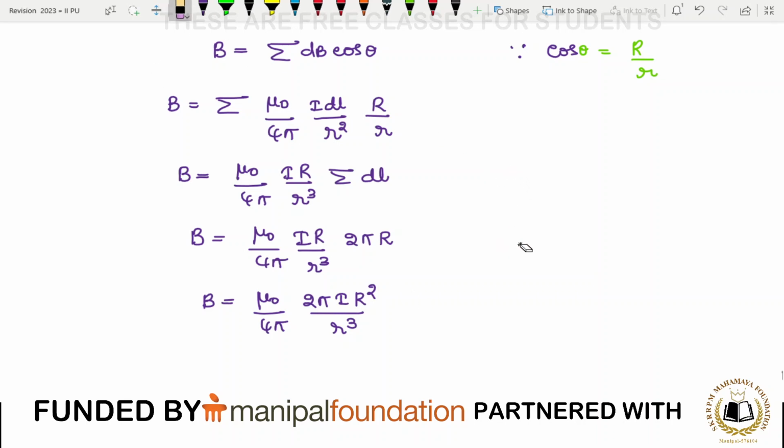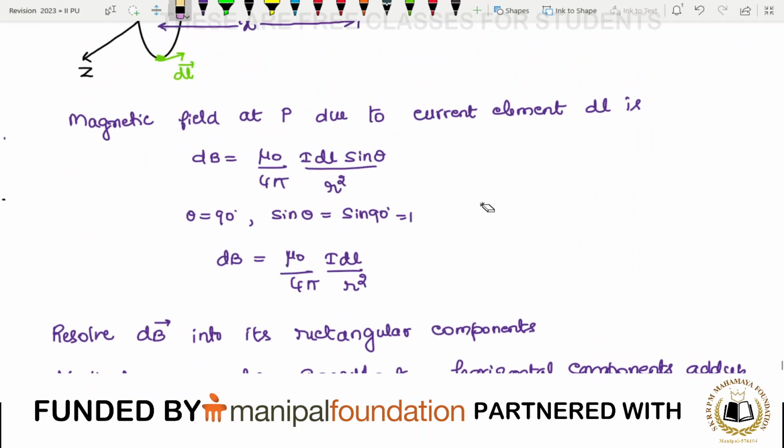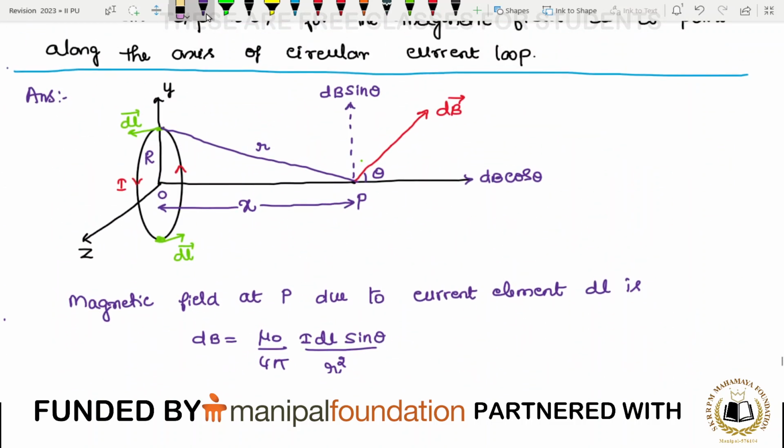Now you'll find what is the value of small r. So refer to this diagram now. Small r relation is here. Apply the Pythagoras theorem: capital R square plus x square equal to small r square. Correct?